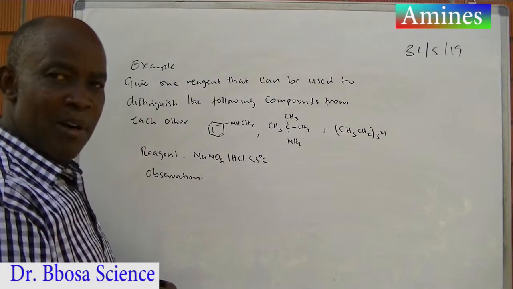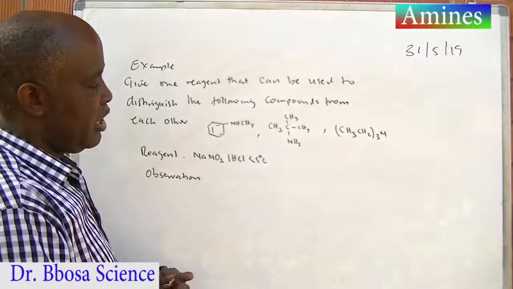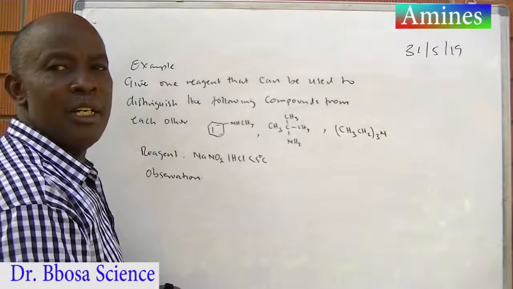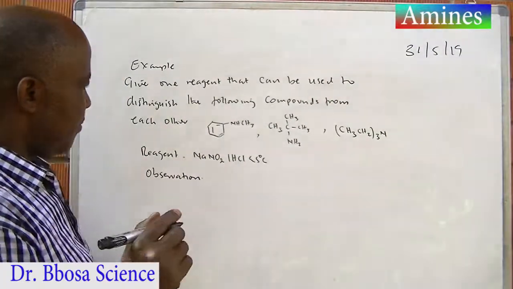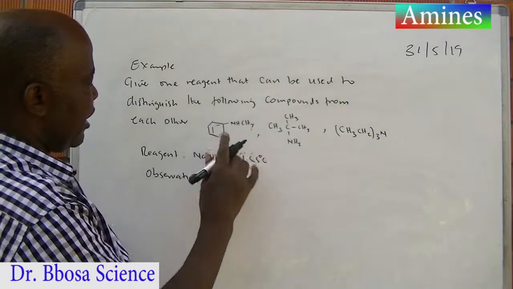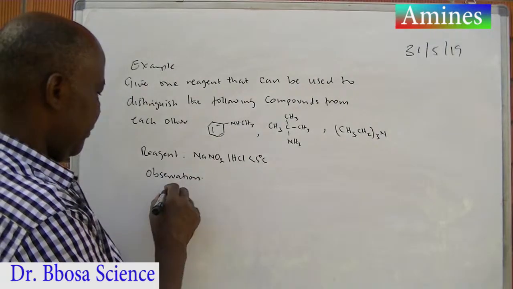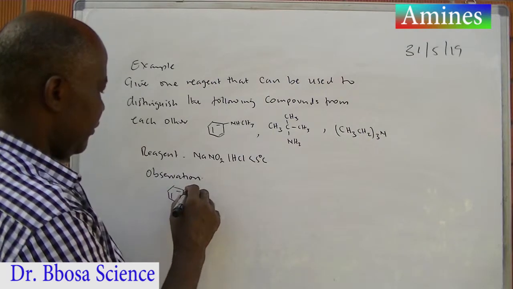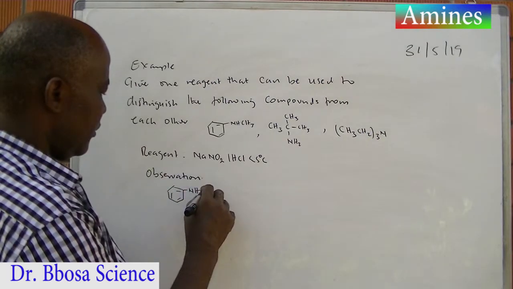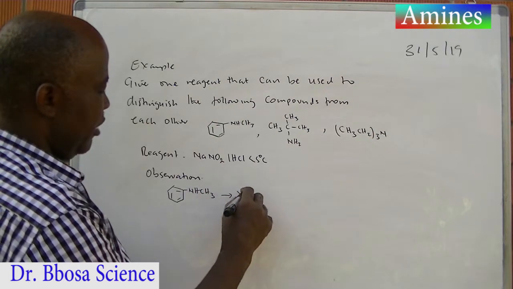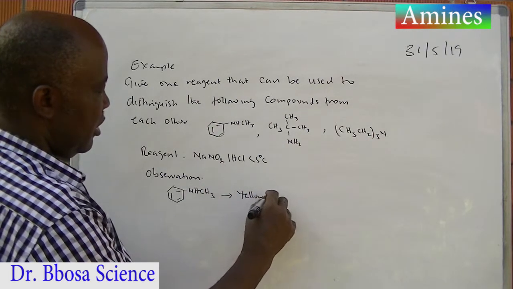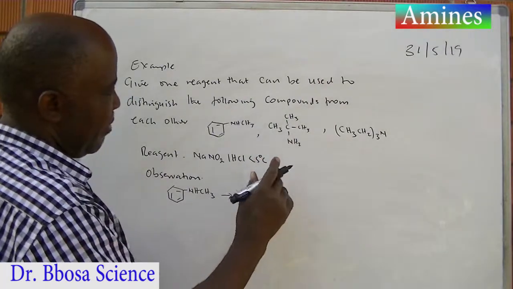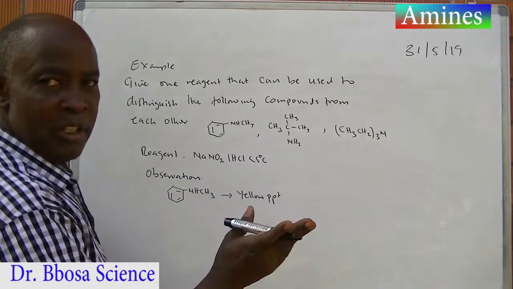If the temperature is above 5 degrees, then you cannot distinguish these compounds. So if you don't put the temperature, then you are not going to get any marks. Notice that this is a secondary amine, and we say that a secondary amine will give you a yellow precipitate. Also notice that this is a primary amine because the nitrogen has got 2 hydrogen atoms.